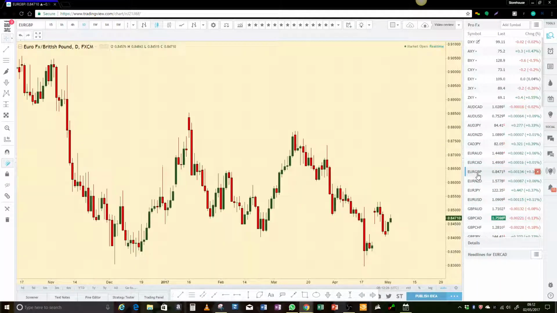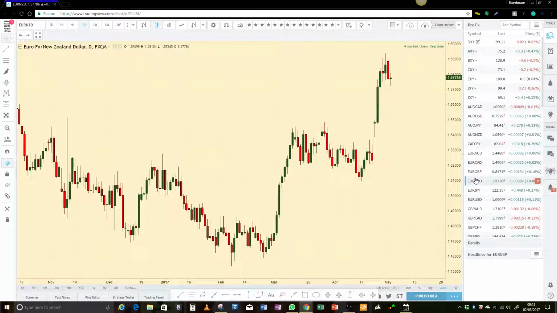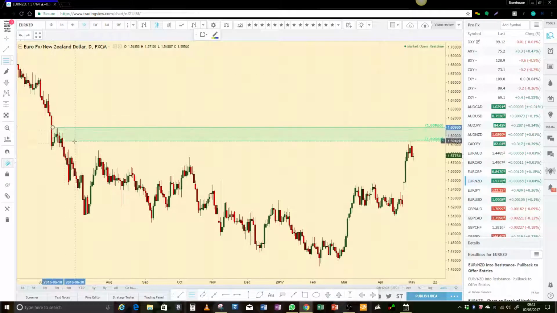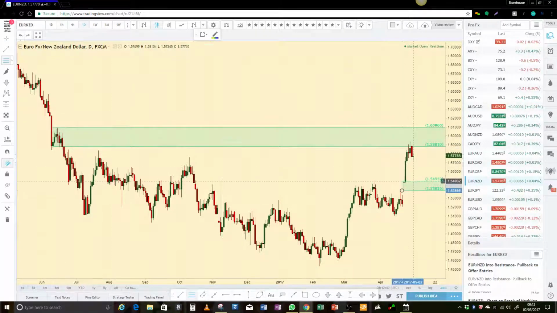Nothing in the Euro CAD. The Euro GBP, nothing. And for the Euro New Zealand, for a quick short-term trade, again, we're coming off of supply. We're still in an uptrend. The momentum is still up.